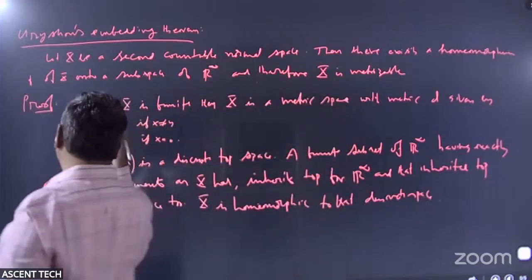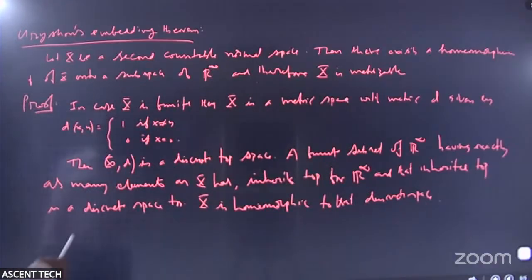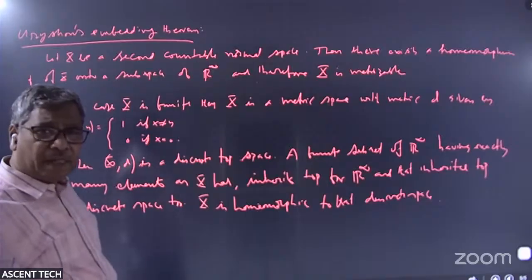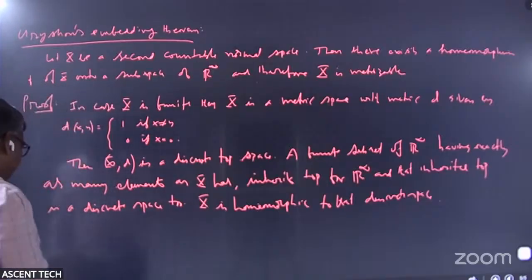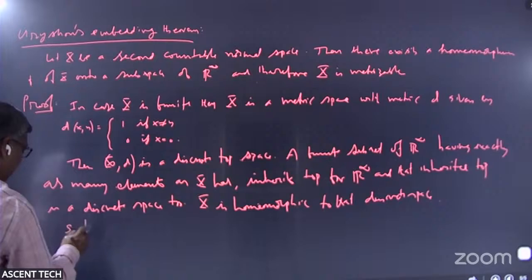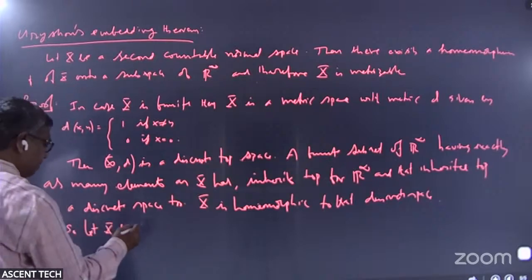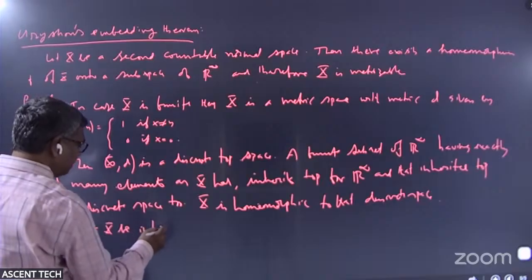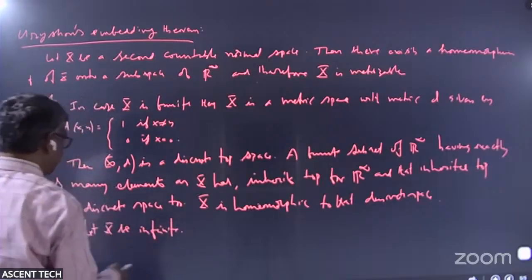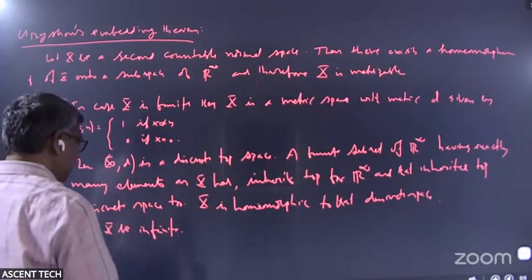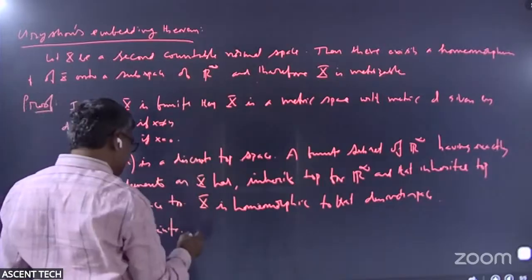So I assume that X is infinite. And I'm looking at a countable base. So let X be infinite, and you have a countable base. Okay, a second countable topological space, right?